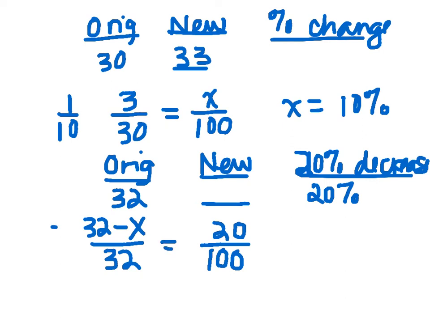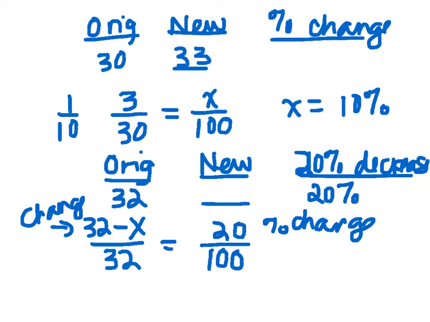So this is the change on top, and this is the percent change. So change lines up with change. And again, I would reduce 20 hundredths to 1/5. It makes it a much easier problem.